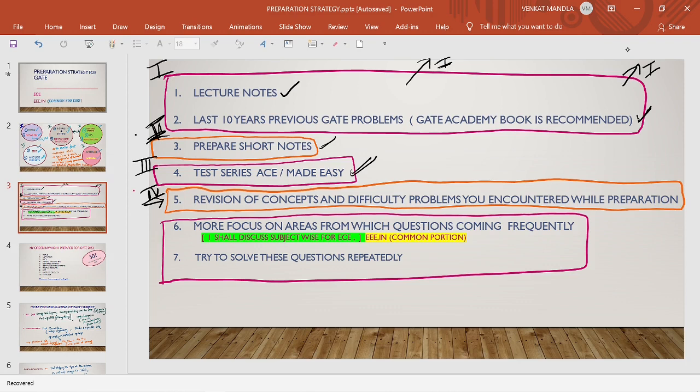After revising the concepts and the difficult problems you encountered, the next block is the fifth block: more focus on areas from which the questions are coming frequently. How do you know in which area of your subject the most questions are coming?